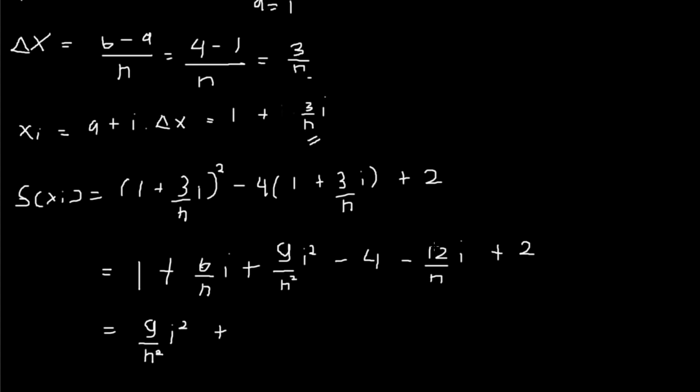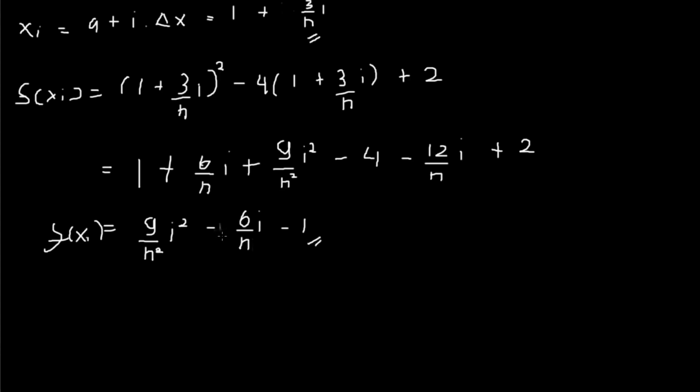Then 6 per n i minus 12 per n i is going to result in minus 6 per n i. Then minus 4 plus 2 plus 1 is going to be minus 1. So this is our f of xi, which we will use in the Riemann sum theorem later.